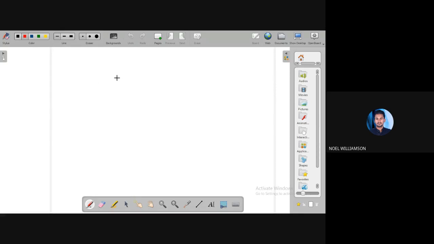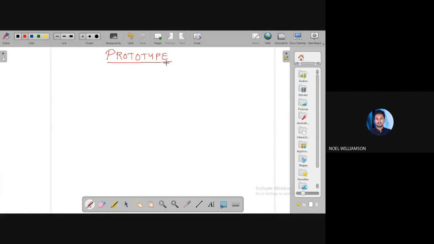Today we'll discuss prototypes. What is a prototype? So we have seen what a prototype is. It is basically a working model.